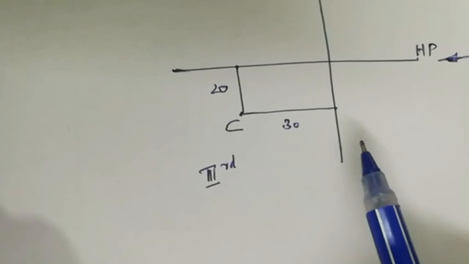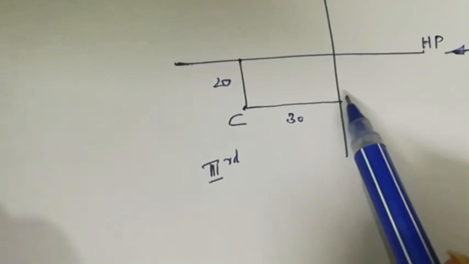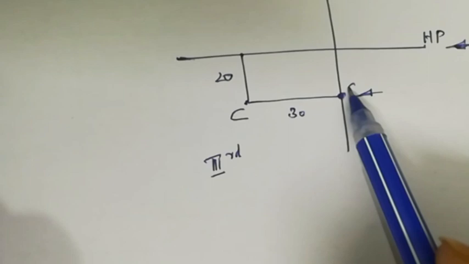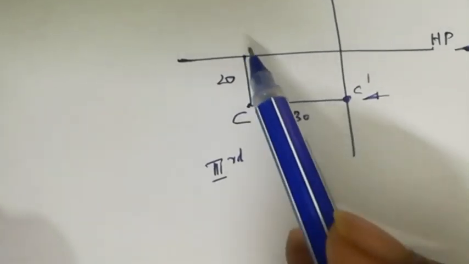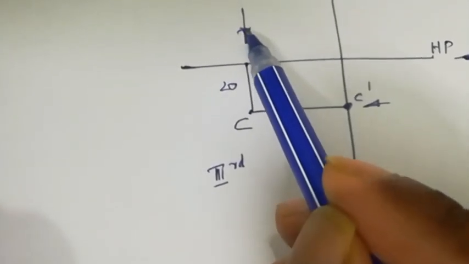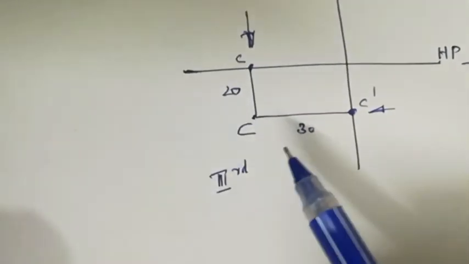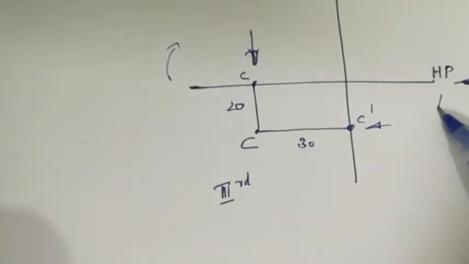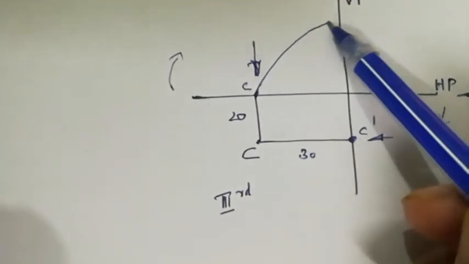Of course, as usual, the front view will always be obtained on the vertical plane, so it will be captured here, so that is C dash. Now of course the top view will be captured on the horizontal plane and the person is looking from here. The top view will be obtained here, so that is small c. As our rule is the horizontal plane has to be rotated upward in the clockwise direction, so naturally this will go here.